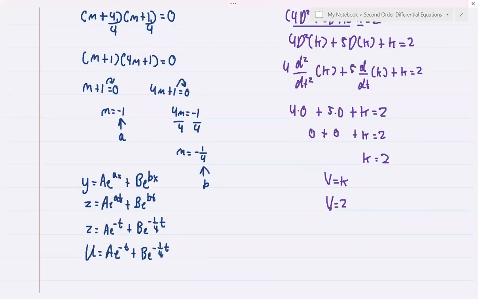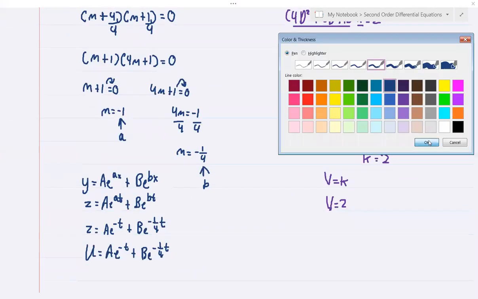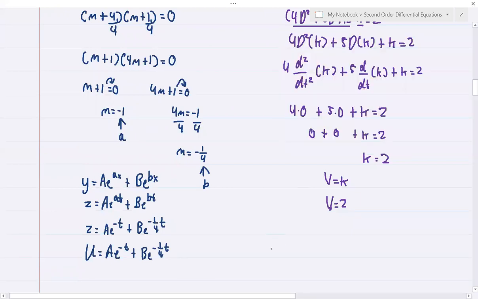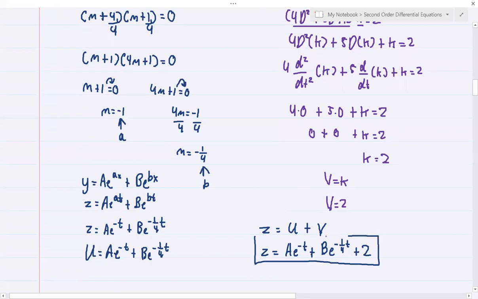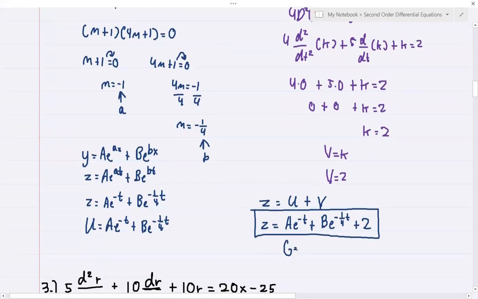Therefore, your general solution will be z is equal to u plus v. So z is equal to ae raised to negative t plus be raised to negative 1/4 t plus your v, which is 2. So this is your general solution. That's how you find your general solution.